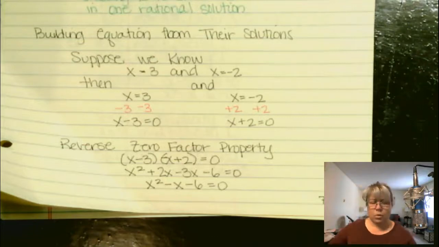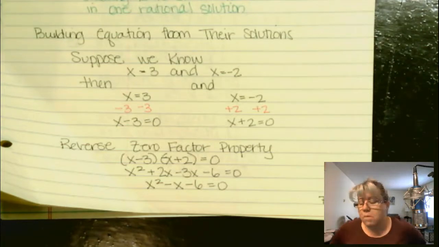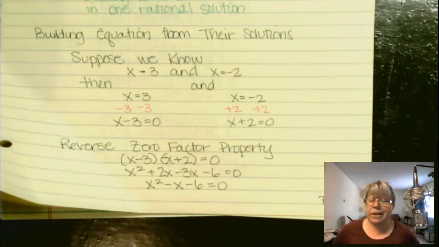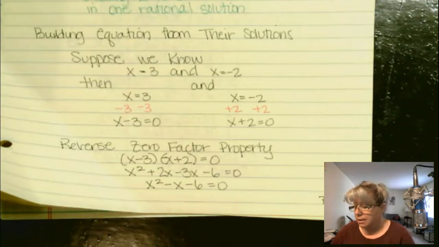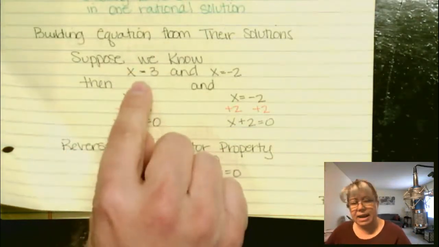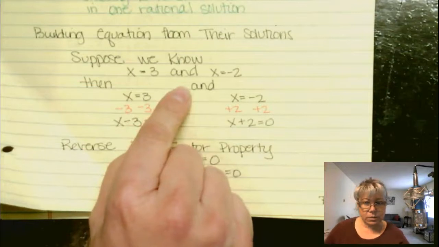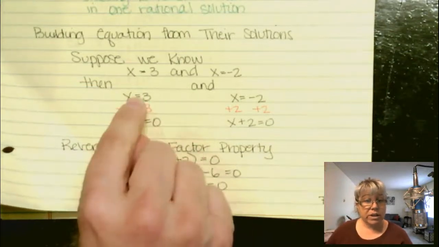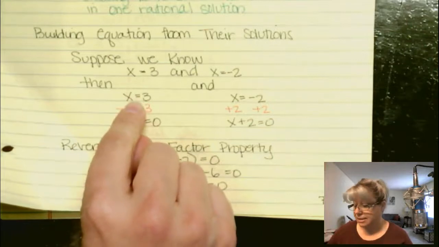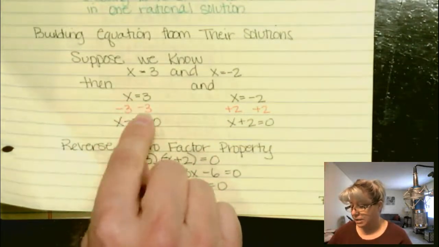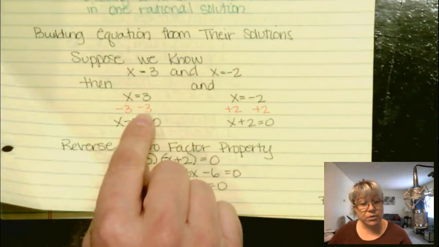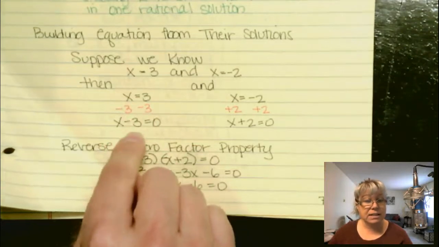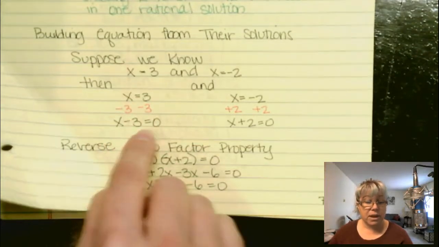So what if we have solutions, but we want to actually build the equations from the solutions? In fact, we want to go backwards. Let's say we know that x equals 3 and x equals -2. Working backwards, since x equals 3, we can subtract 3 from both sides, giving us x minus 3 equals 0.